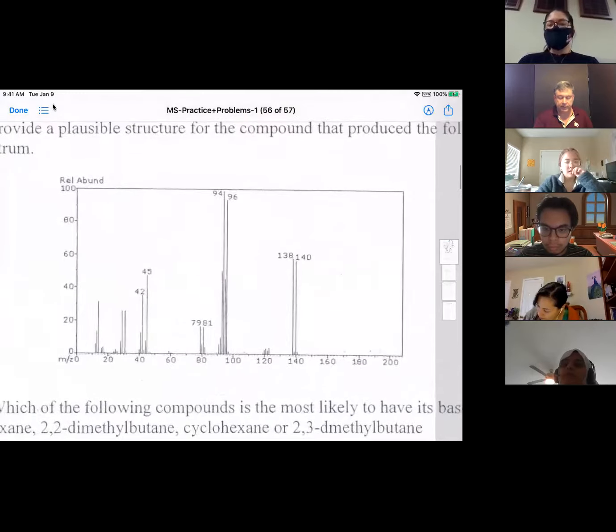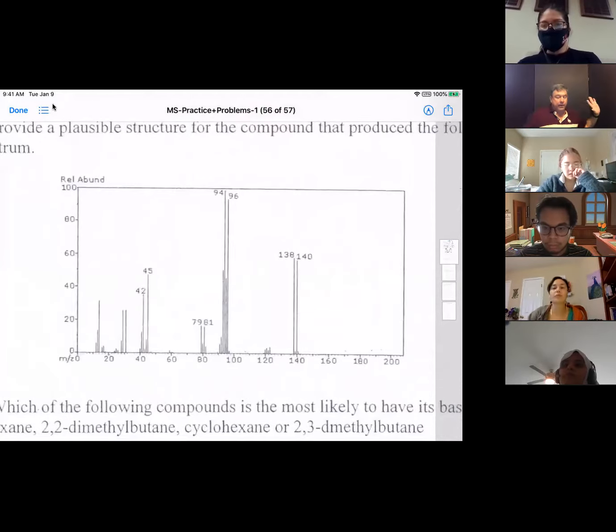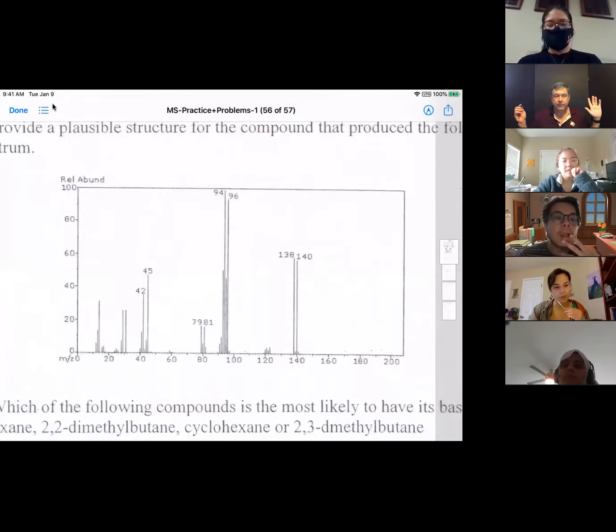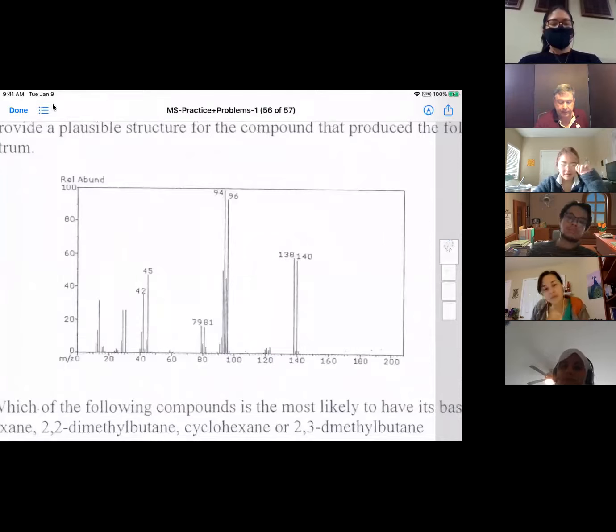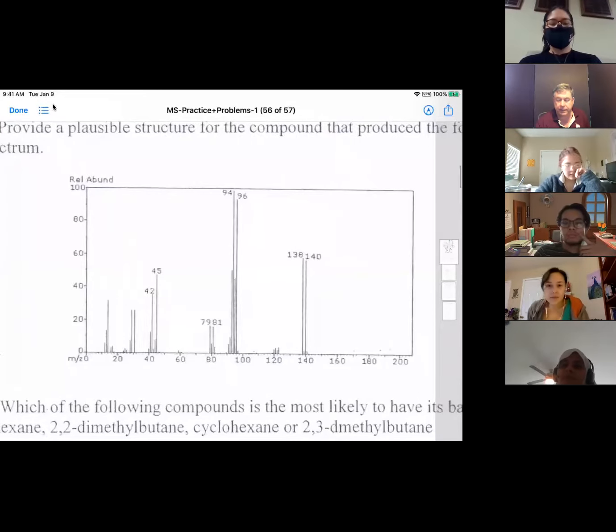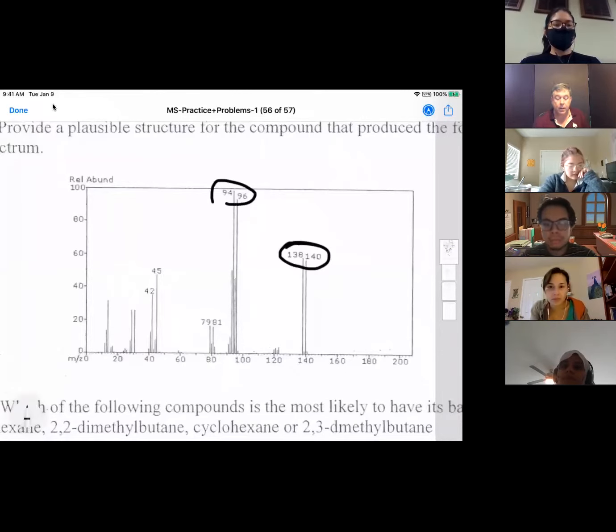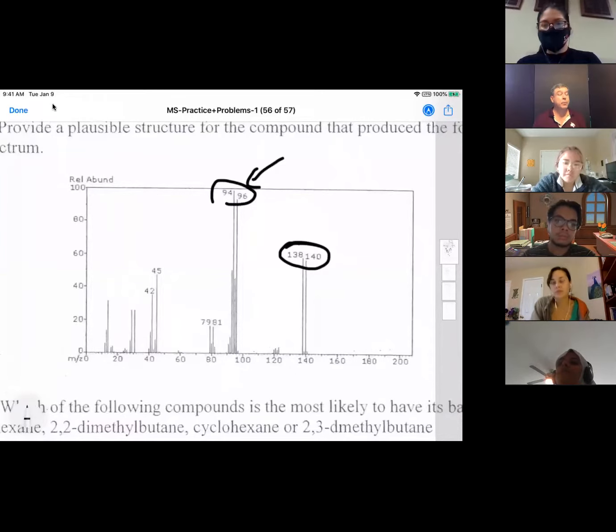All right, so let's look at the next one here. Right away, what are you going to tell me? Bromine? Yes, bromine. Because this splitting here and this splitting here are about the same and they both look like bromine, I think that this fragment still has bromine on it.